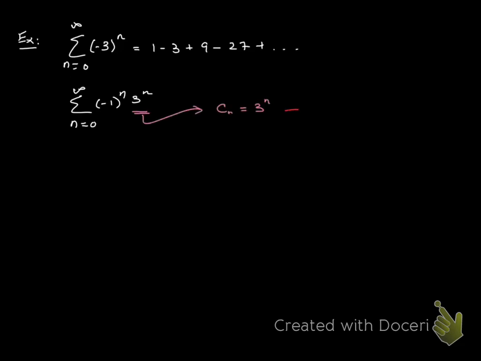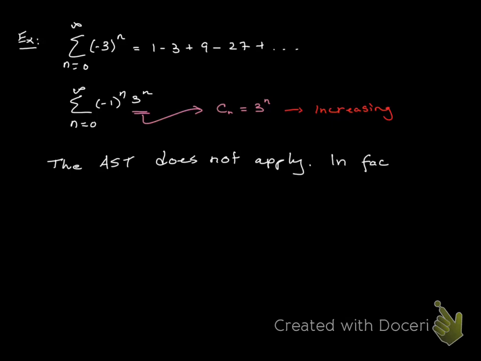But c sub n, 3 to the n, that's increasing, right? I'm going up by a power of 3 every time. This is not a decreasing sequence. The c sub n there is not going to go to 0. We cannot apply the alternating series test. AST does not apply here. Though it's an alternating series, it doesn't meet my criteria.